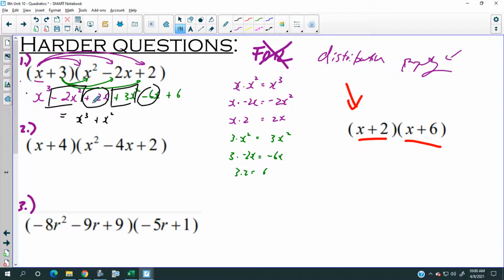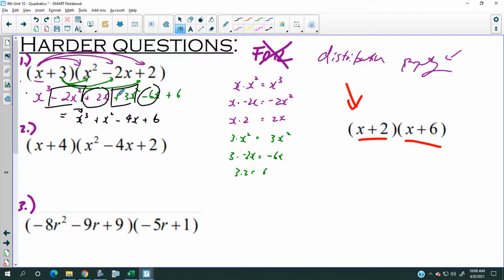And then 2x minus 6x is negative 4x. And then all that's left is plus 6. Notice we have a four-term polynomial, and the degree, remember that word, the degree is 3. It's an x to the third, like a cubic power.